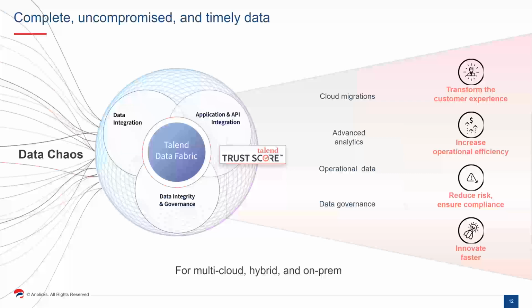Once we are able to pull in all this data, we are able to work on the data and trace where the data has come from, to help customers get the outcomes that they want. It is all about the business outcomes, be it transforming customer experience, increasing operational efficiency, or even innovation.